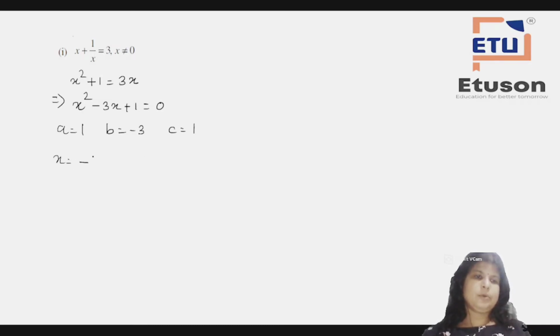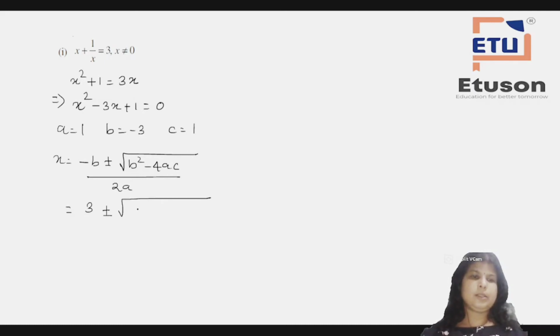So x is equal to minus b plus minus square root of b square minus 4ac divided by 2a. That is equal to minus of minus 3, that is 3, plus or minus square root of minus 3 whole square, that is 9, minus 4 into 1 into 1, divided by 2 into 1.